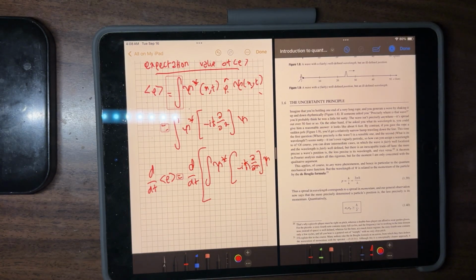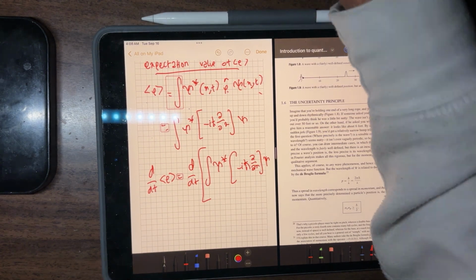Yeah, how do you get that part? What I'm confused about is how you get this here?